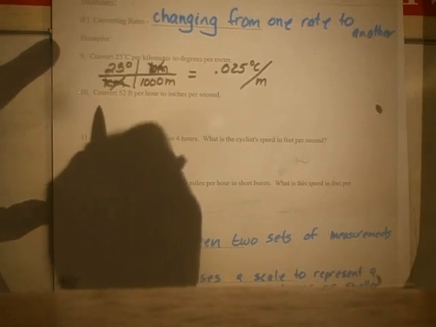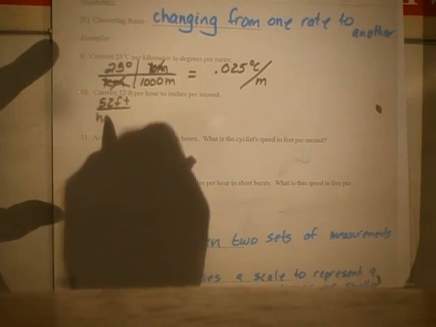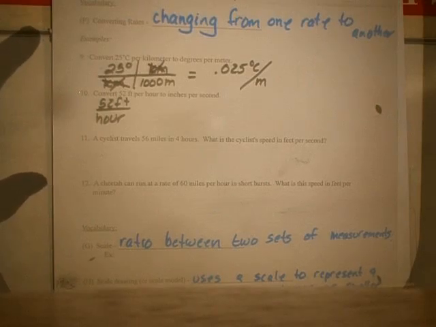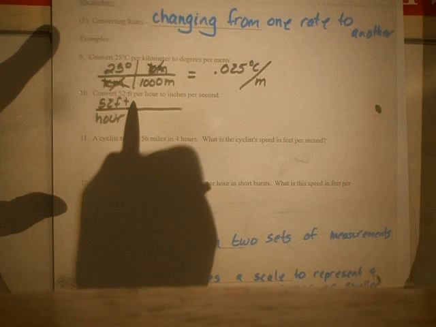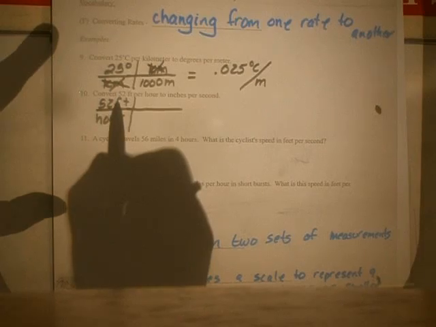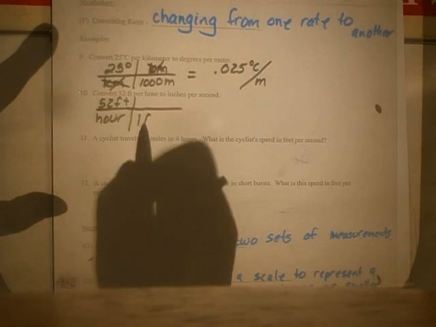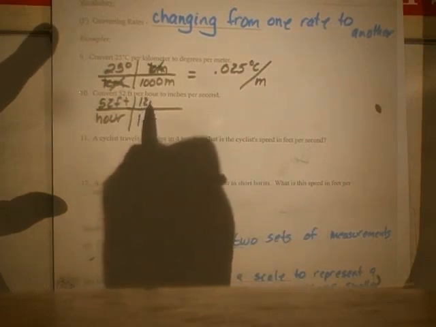Number 10, we start out with 52 feet per hour, and we want to convert this to inches per second. So the first thing I'm going to look at is changing the feet to inches. Now we have feet on the top of this fraction, so we want to put feet on the bottom. 1 foot is 12 inches.